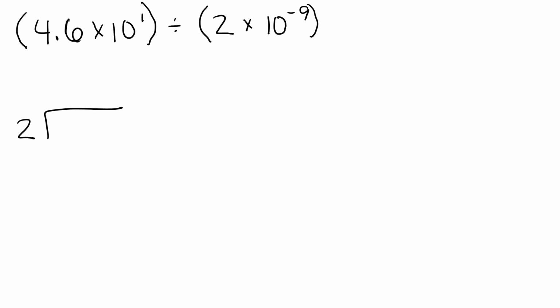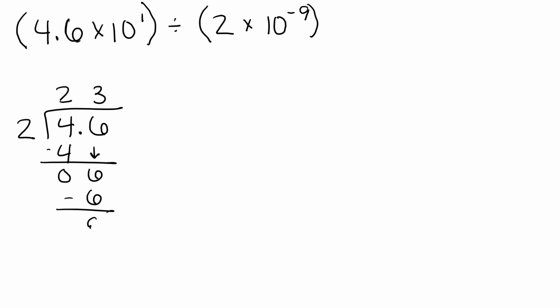Now, the 2 goes on the outside, the 4.6 goes on the inside. That first number always goes on the inside. 2 can go into 4 2 times because 2 times 2 is 4. Subtract and we get 0. Bring down the 6. 2 can go into 6 3 times because 2 times 3 is 6. We keep our decimal point in our answer, 2.3.